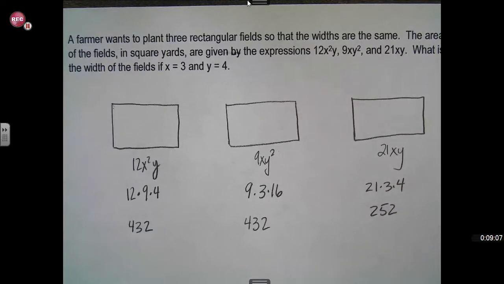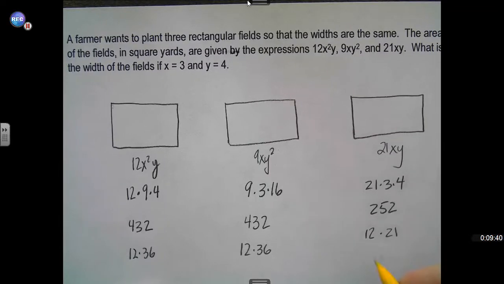Basically, what we want to do is find the greatest factor between those. I'm dividing 252 by 12, 432 by 12, and then by 56.